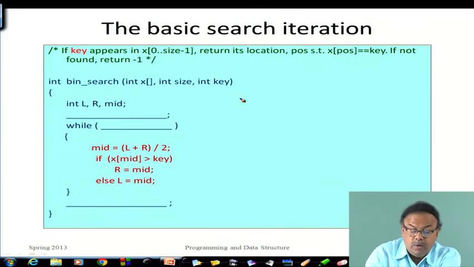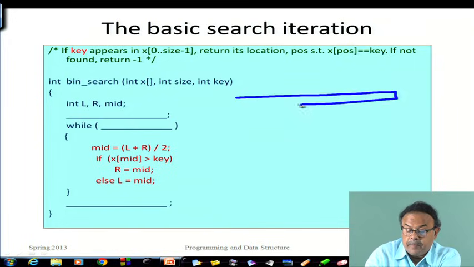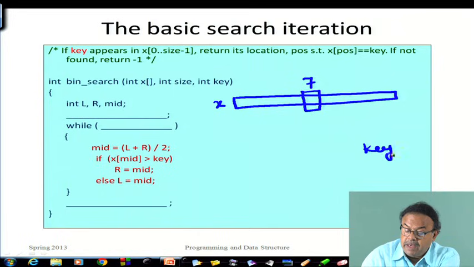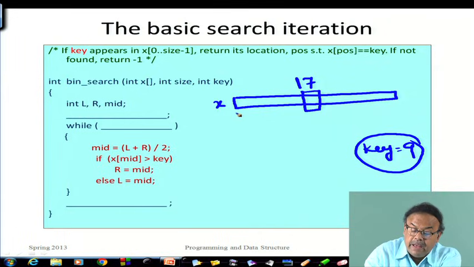As you know, if this is the array x, and the mid element is greater than the key, say this mid element is 17 and my key is 9, then this element is greater than the key, so I will have to keep my search within this zone.